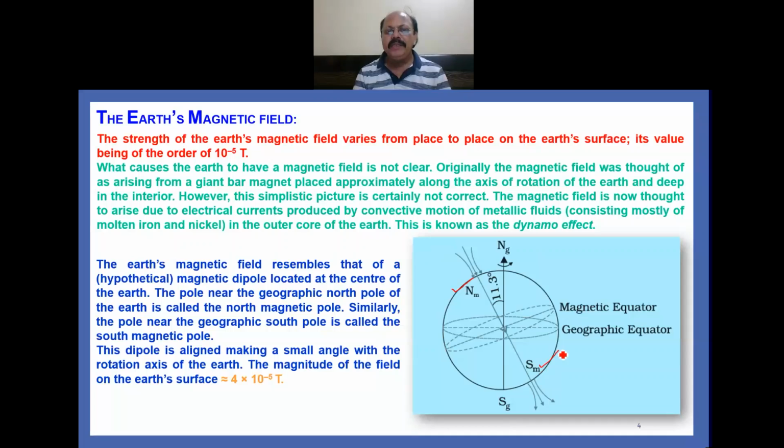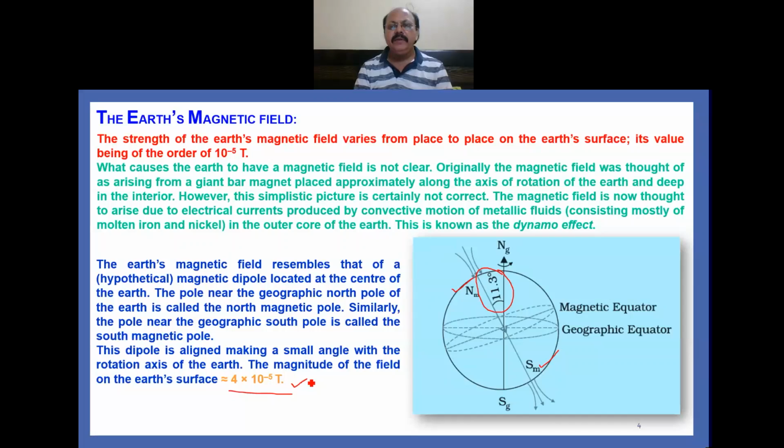And this dipole is aligned making an angle with the rotational axis of the Earth, and that angle is 11.3 degrees. The magnitude of the magnetic field on the Earth's surface is approximately 4 × 10^-5 Tesla. So this is about the Earth's magnetic field.